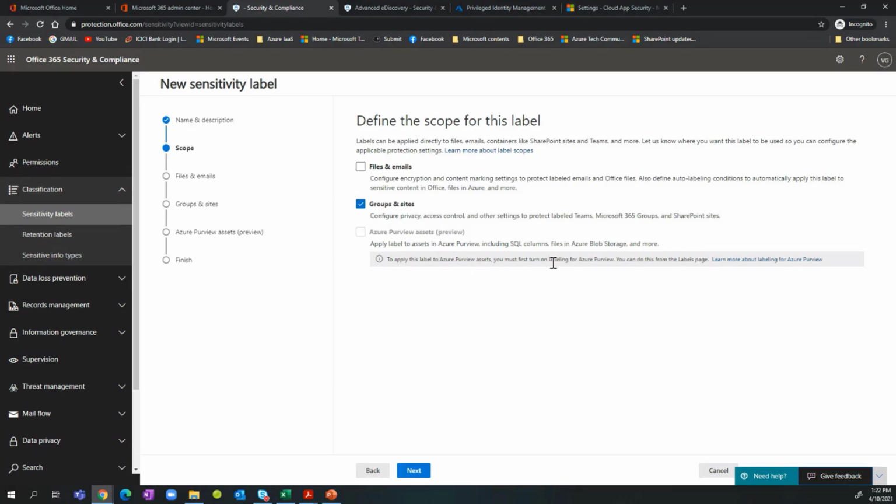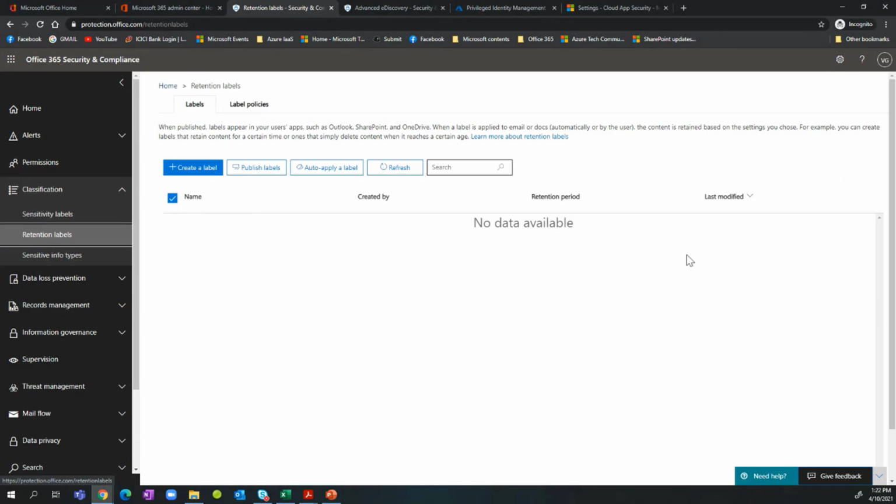And then you also have it for your Azure Purview. This is specifically if you're dealing with SQL, Azure SQL, right? And then on the other side, we also have retention labels. Now, retention is a huge deal for many organizations, specifically if you're in healthcare or those sorts of domains wherein you have to retain customers' data, or maybe you need to flush out data after a certain point in time, right?